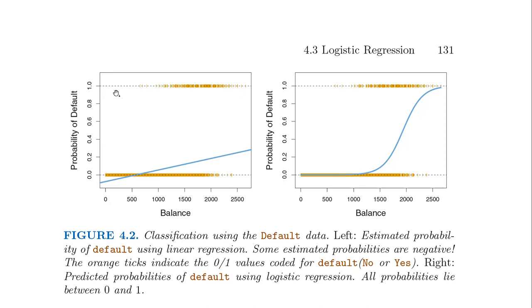But it's binary, so the only Y values that we have are 1, meaning defaulted. This is our training data set. We know that all these observations, those are the ones that defaulted for a range of balance values, and then these are the ones who didn't default.